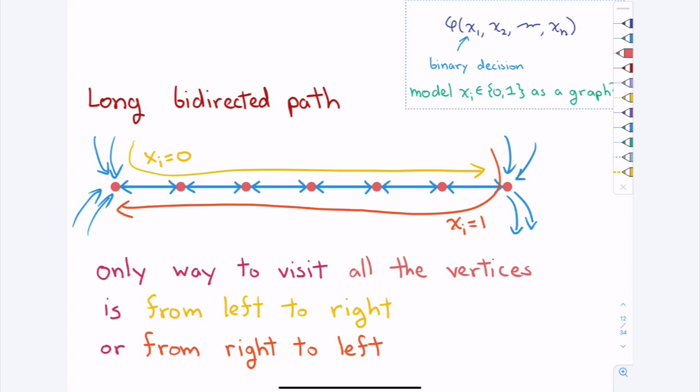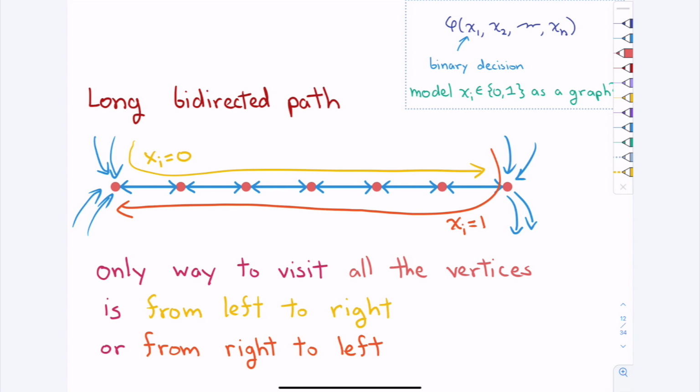Because at some level, imagine that's sort of like the whole graph where it's more or less on an island. If I want to visit all the vertices on this path, I can go in one direction or I can go in the other direction. I can't go both because I would be revisiting vertices. So any Hamiltonian path that manages to visit all these vertices along the way will have to commit to going one way or the other.